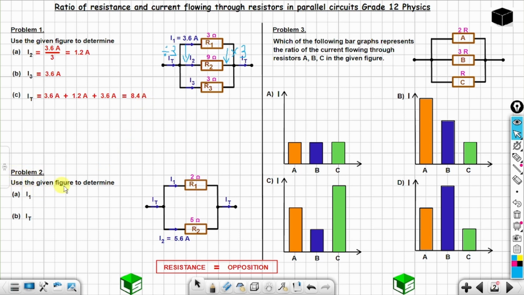Now, problem number 2. Use the given figure to determine I1 and IT, the total current. So we are given I2. First, you have to notice the ratio of the resistance between R1 and R2.